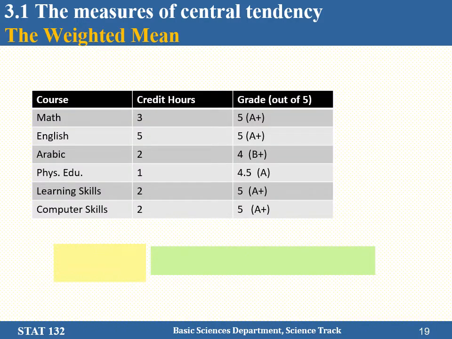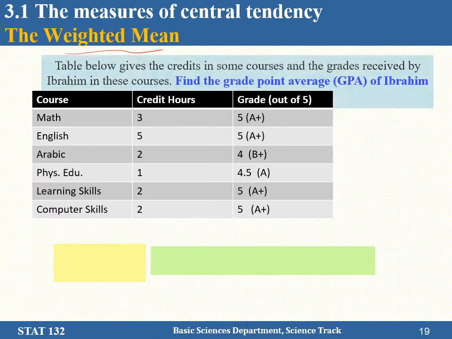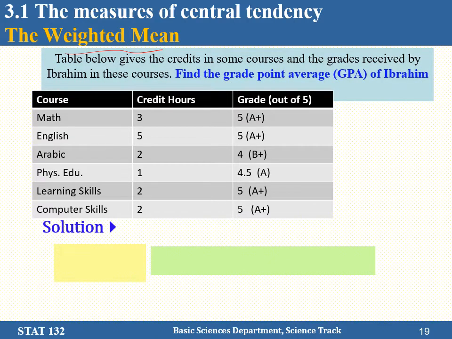One of the well-known applications of the weighted mean in our life, especially in the university, is the calculation of GPAs. GPA is a good example of weighted mean. Now, the table below shows the credits in some courses and the grades received by Ibrahim in these courses.